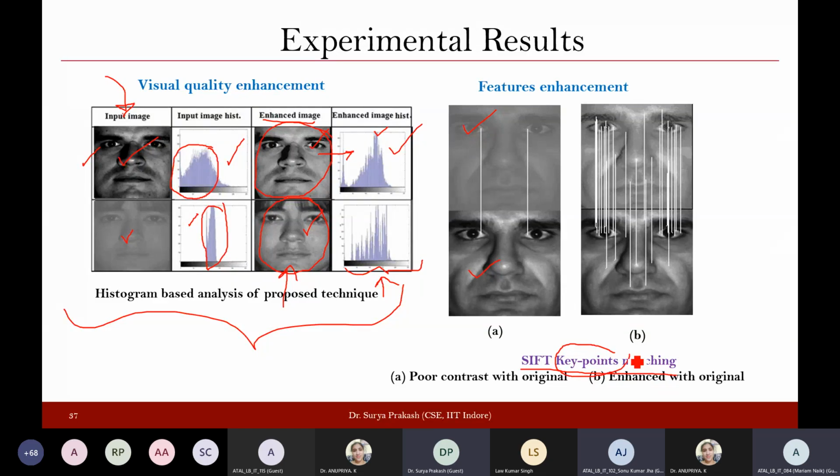This uniqueness is created by analyzing the local neighborhood of the pixel. So SIFT is a technique used to extract key points on the images, and these key points are unique in some sense.